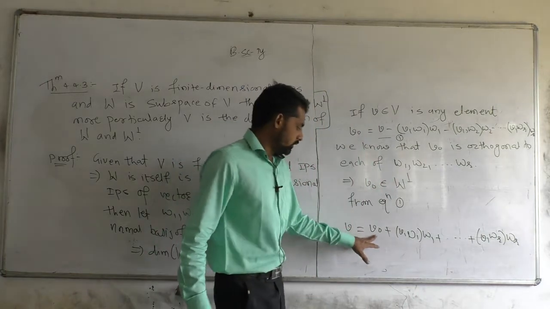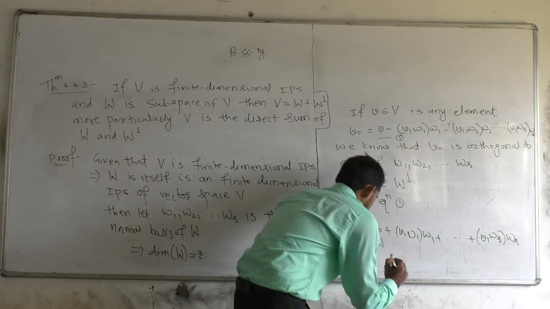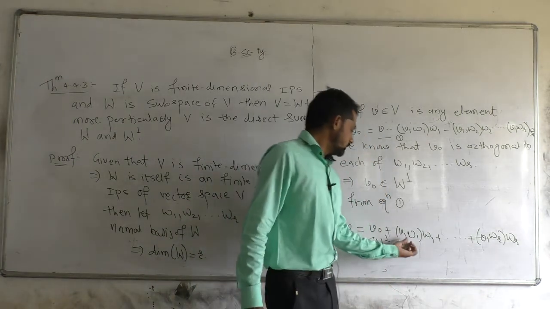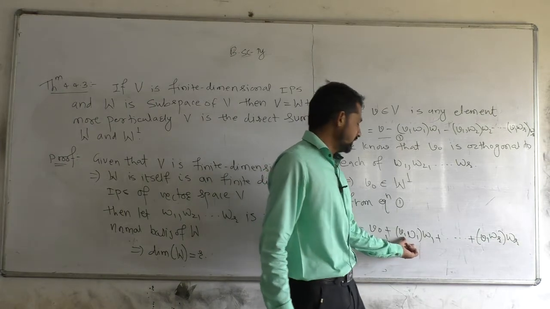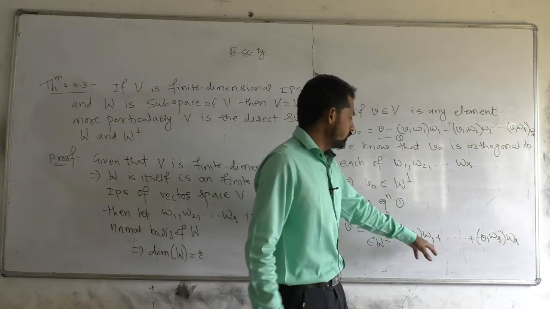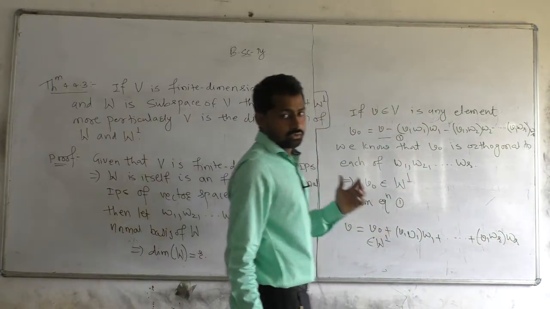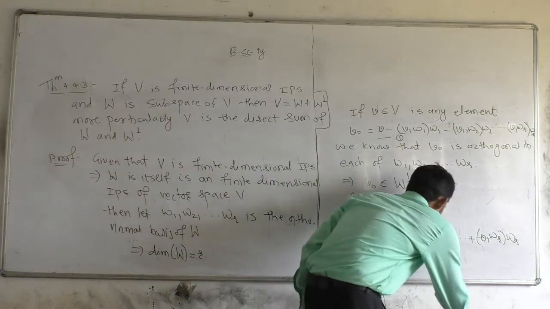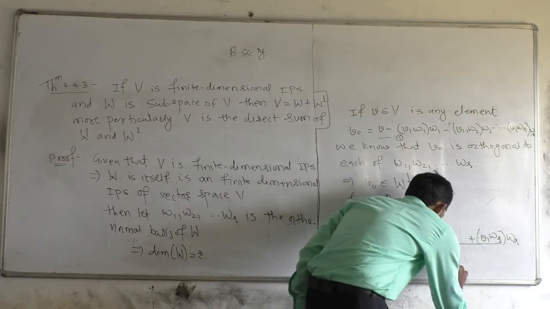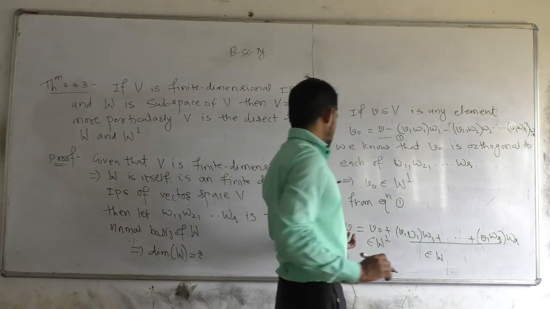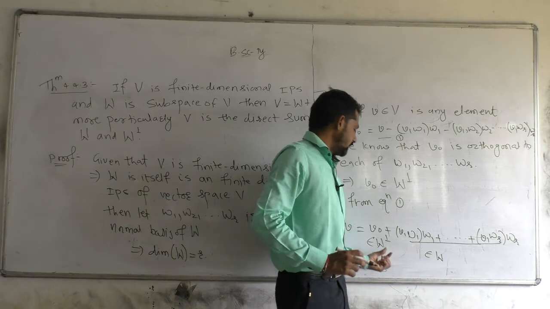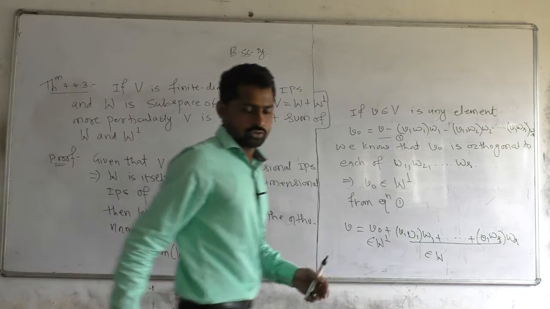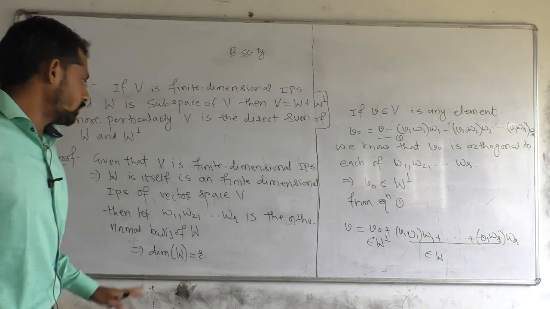Now, we proved that v0 belongs to the orthogonal complement of W. Now, these inner products go to the field, and w1, w2, ..., wr are the orthonormal basis of the subspace. Then we can directly say that this element belongs to W. So, every element of V can be written as a linear combination of elements of the orthogonal complement of W and W. So, we proved the first concept of this theorem.